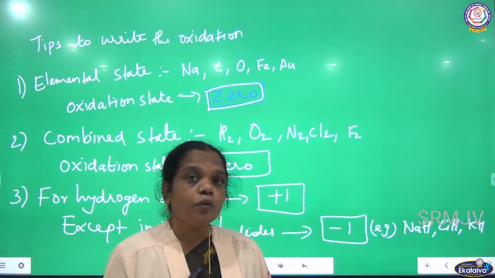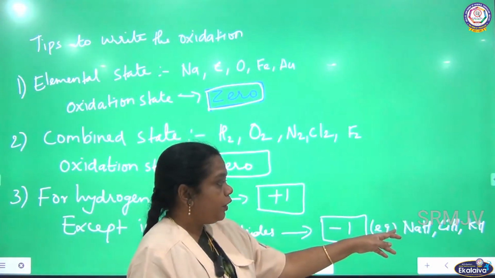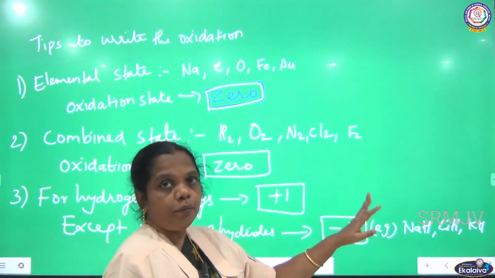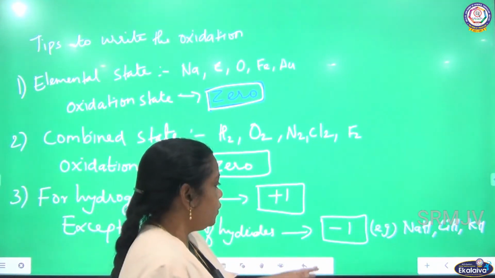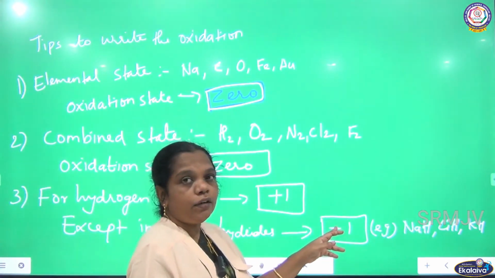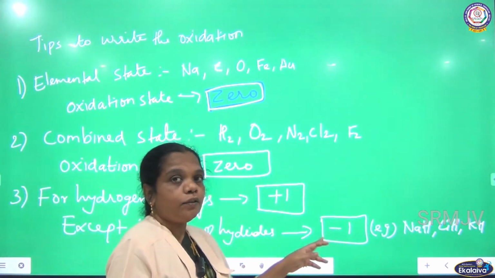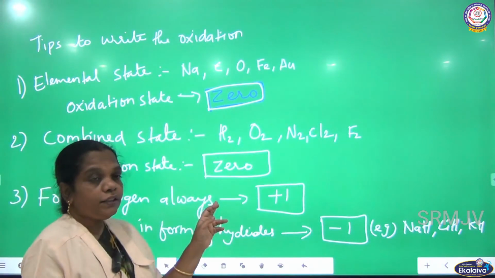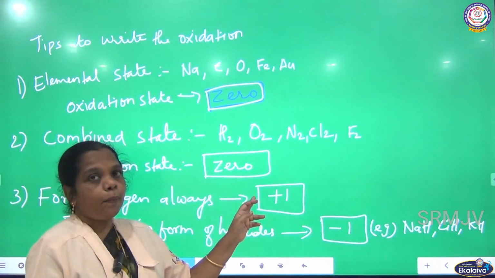Understand, highly electropositive metal. So sodium, and it combined with the second group metal calcium hydride, magnesium hydride also. The oxidation state for hydrogen is -1, but in the remaining cases the oxidation state for hydrogen is +1.